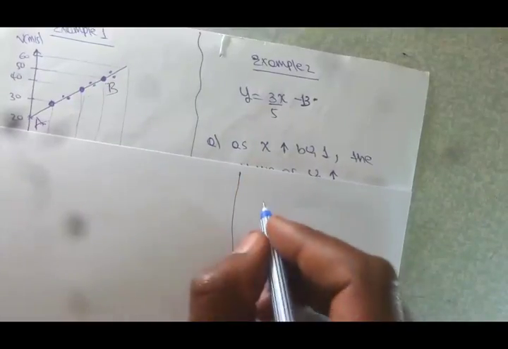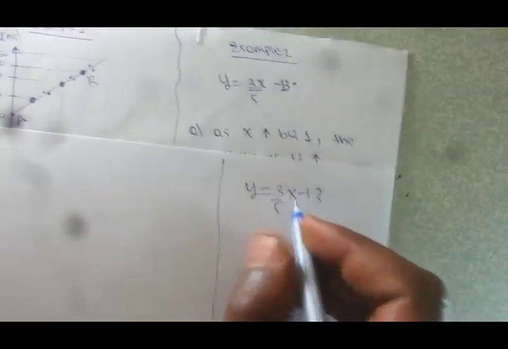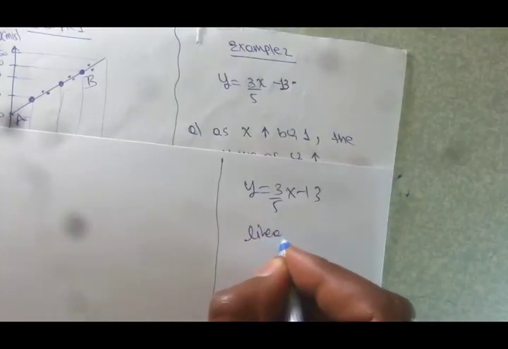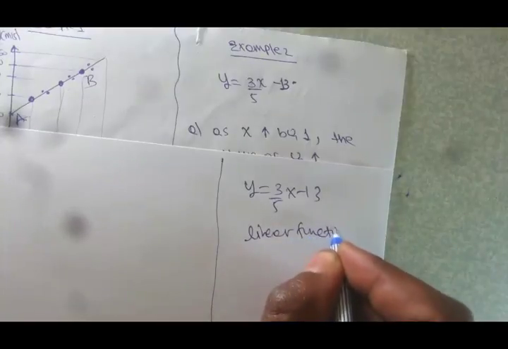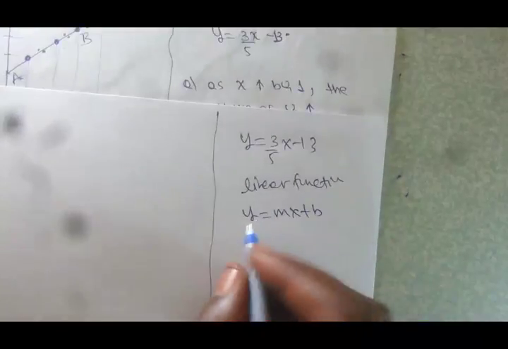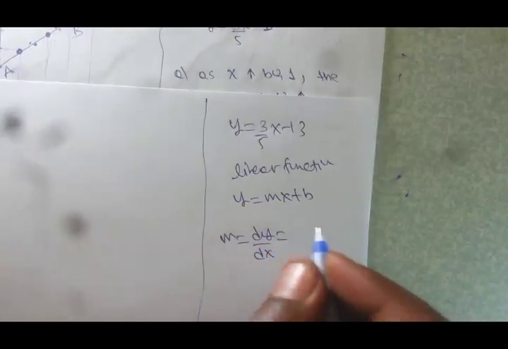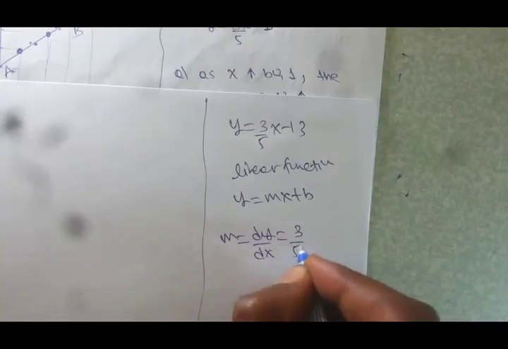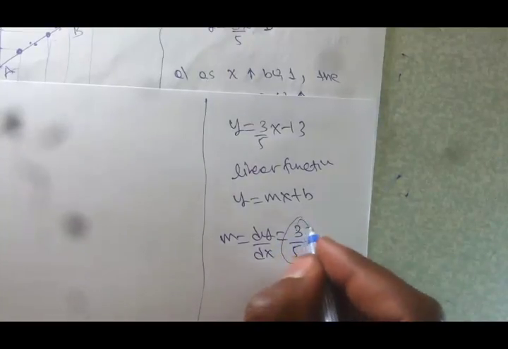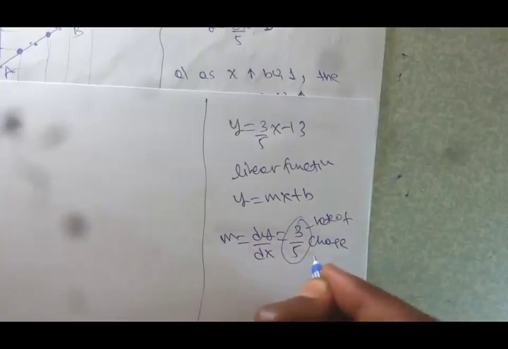Example 2 is given as y equals 3 over 5 x minus 30. This is a linear function because it is written in the form y equals mx plus b. So the slope m is dy by dx, which is equal to 3 over 5. Therefore 3 over 5 is the rate of change, or slope.